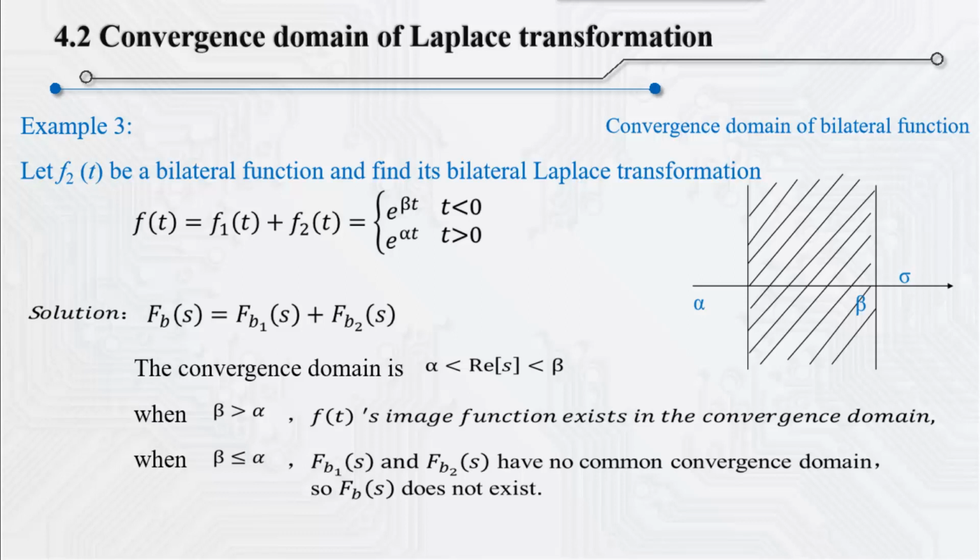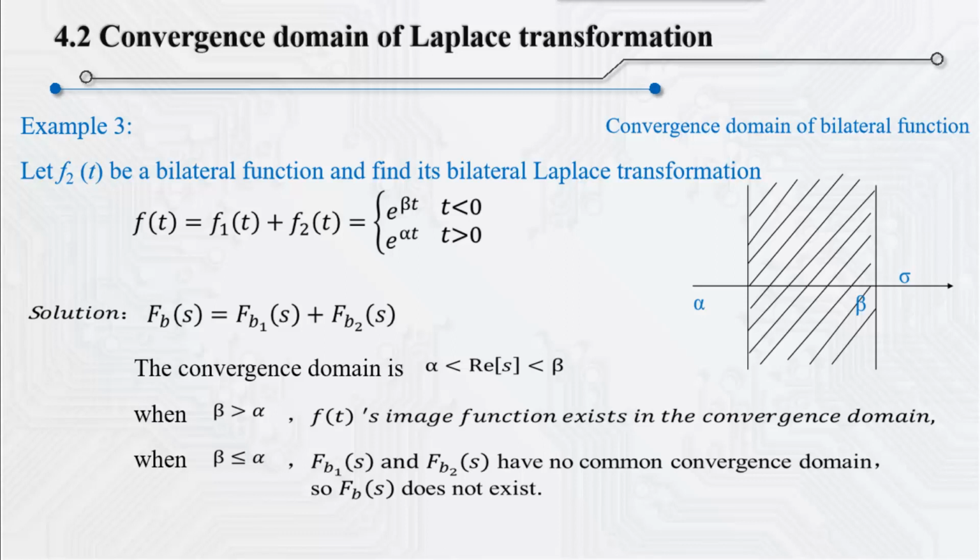Then its Laplace transformation is the sum of the Laplace transformations, that is, F(s) equals F1(s) plus F2(s). The convergence domain of F1(s) is delta greater than alpha. The convergence domain of F2(s) is delta less than beta. So the convergence domain of F(s) is alpha less than delta less than beta.